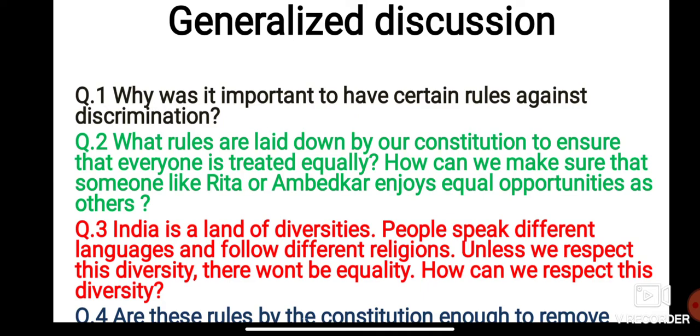All right, soon after we got freedom from British rule, that is in the year 1947, when we got our independence, the leaders who wrote the constitution felt the need to have certain rules to stop people from discriminating against others.